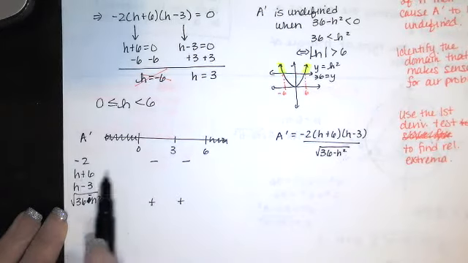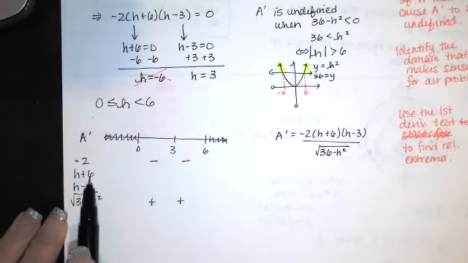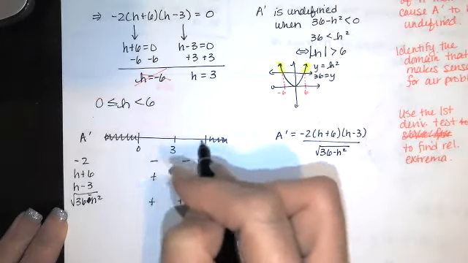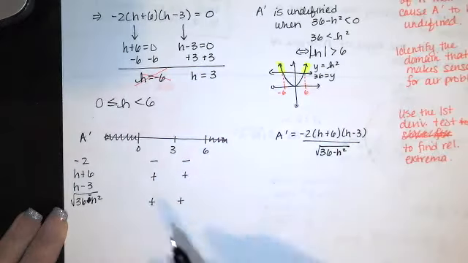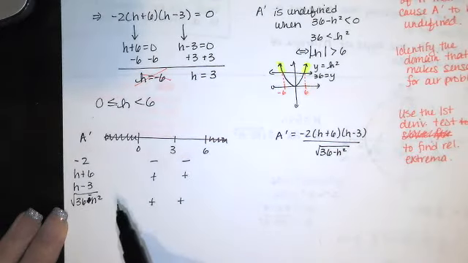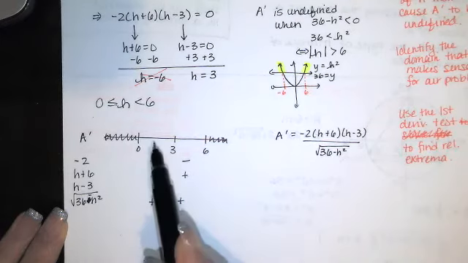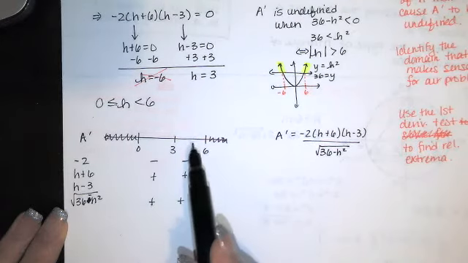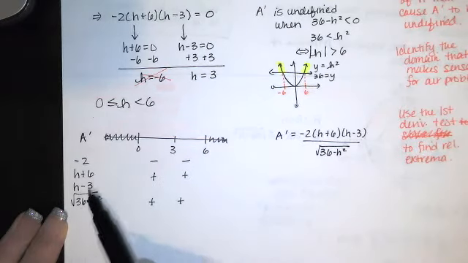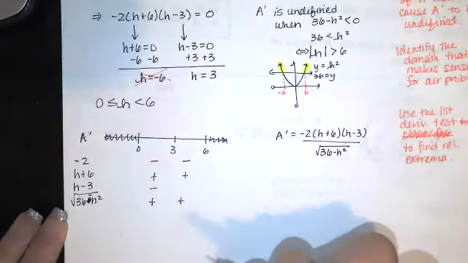When h is between 0 and 3, h plus 6, it's a positive number plus 6 is positive. Another positive number plus 6 is positive. Over here, h minus 3, that actually changes signs at h equals 3, so we need to test the sign of h minus 3 on this side and this side. So pick any h value you want, maybe 1. 1 minus 3 is negative 2, so that's negative.